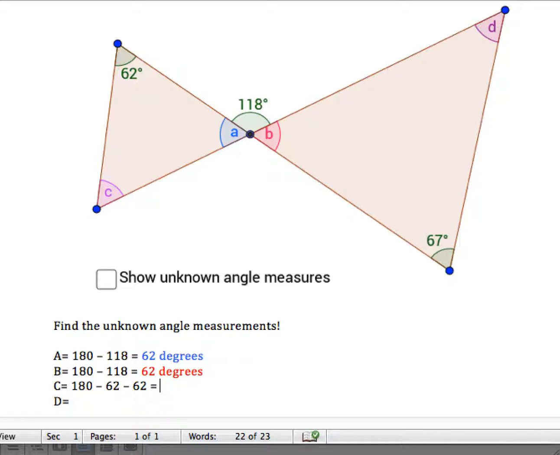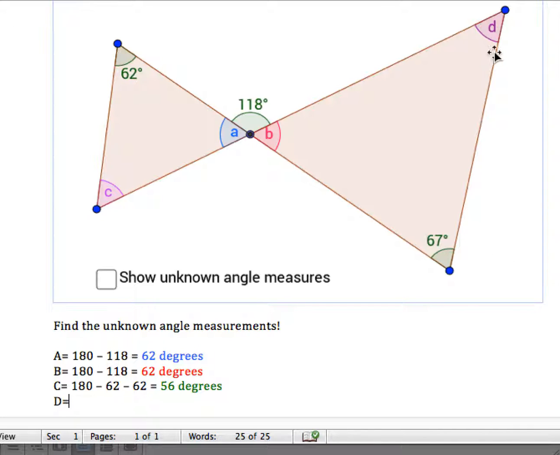And that is going to equal 56. So we know that this is 56 degrees for angle C, which is awesome. You guys are so smart.